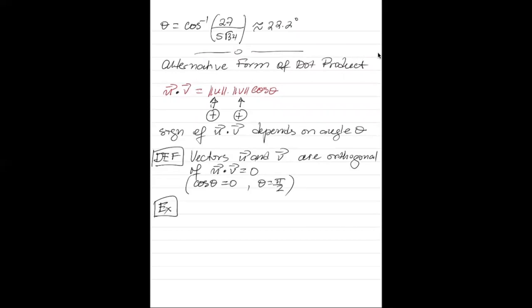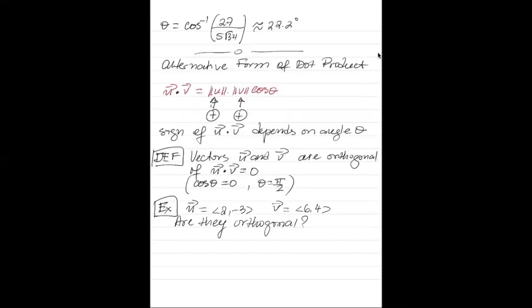So here's an example where the vector u is 2, -3, and another vector v is 6, 4. The question is, are they orthogonal? In other words, is the angle between them 90 degrees?